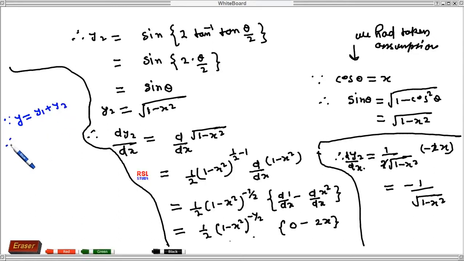And since y equals y1 plus y2, their derivative will be d/dx of y1 plus d/dx of y2, that is d/dx of y.